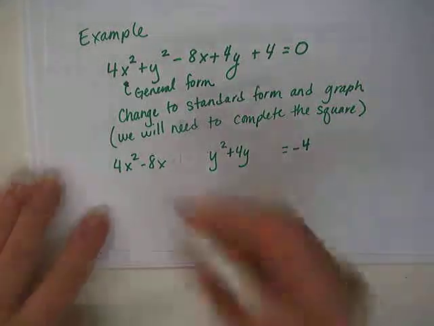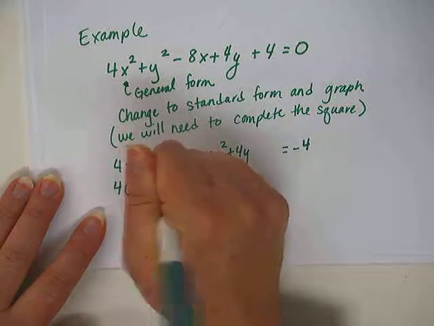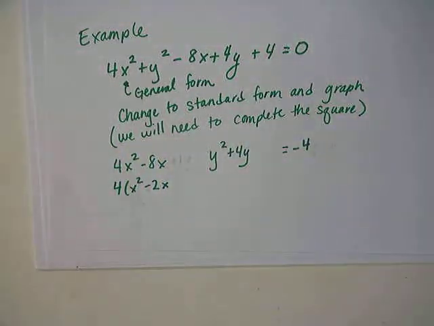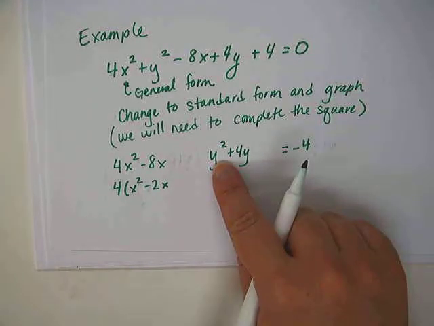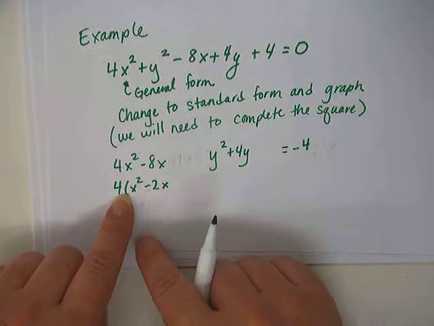So the next step is, I heard the answer, divide just the x values by 4. Just the x's. Just the x's by 4, because if we tried dividing everything by 4, what would that do to this y? We would have a fraction, and we don't want a fraction there, we want a 1 there.